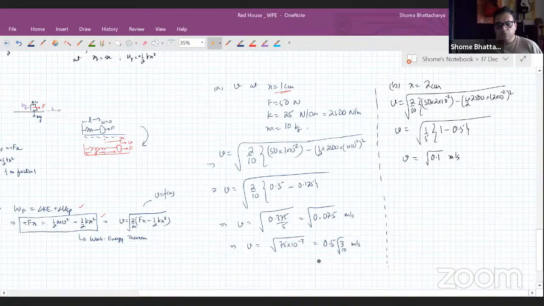So if you calculate this numerically, this is approximately 0.27 meters per second. Okay. If you calculate this, it is approximately 0.31 meters per second, or actually 0.32 meters per second.